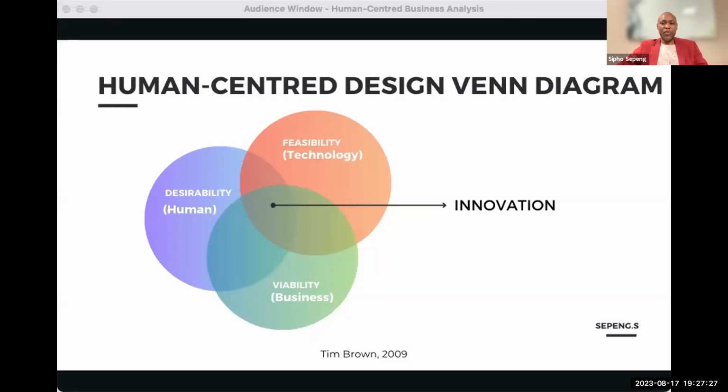Moving on to viability, which is what is likely to become part of a sustainable business model, it looks pretty much at what the business why and purpose is, and if they would be able to meet those needs that they've identified in that group and segment of customers that they would have empathized with.